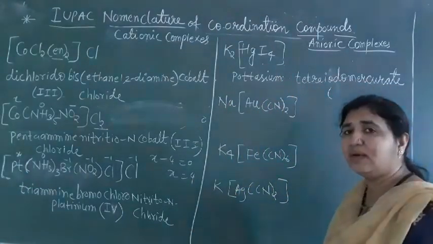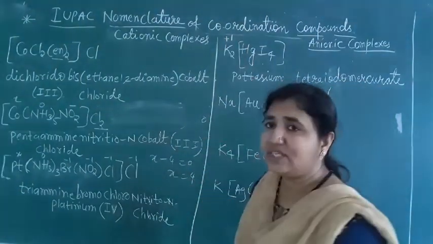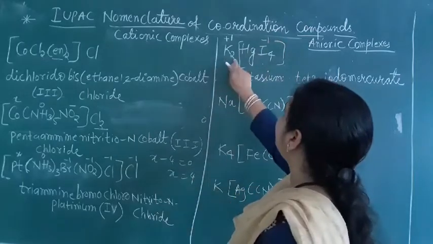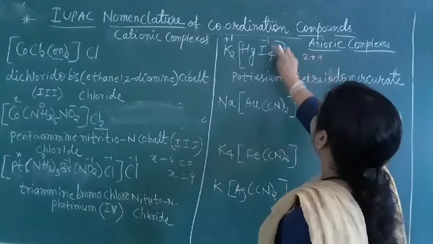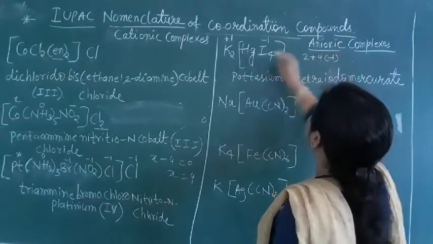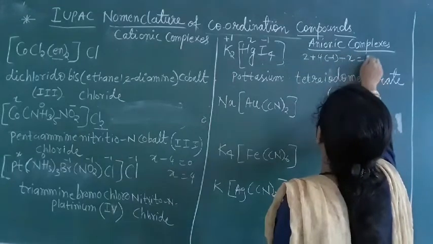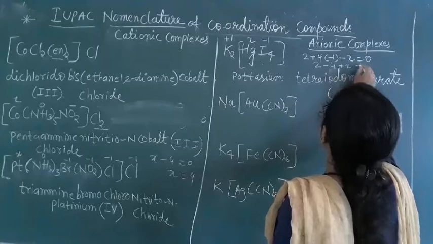What will the oxidation number be here? This is K2. K plus means plus 1 charge here. I means it is minus 1 charge. How many K are there? 2 are there. So it is 2 plus 4 minus 1 plus X is equal to 0. So 2 minus 4 plus X is equal to 0.